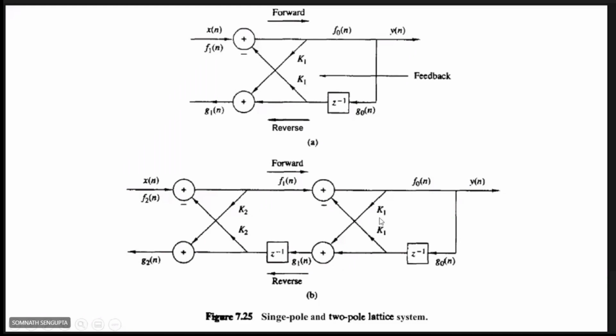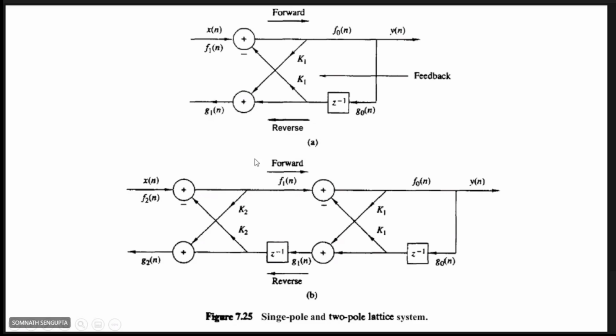Then the two pole lattice FIR structure is this: f0n, the previous first stage, is the same. Then the first stage output g1n is passed through this delay. And f1n is again taken and multiplied with k2. So f1n is equal to f2n minus k2 into g1n.